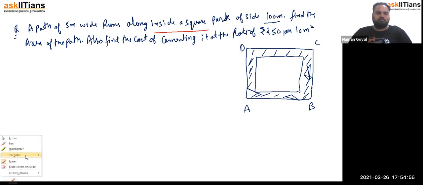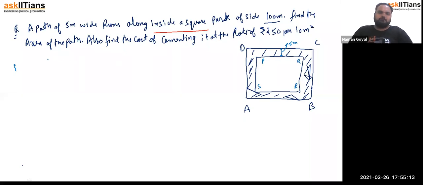Give me a minute, let me change the color. Okay, now this is fine. So yes, this is 5. We can take this as PQRS.